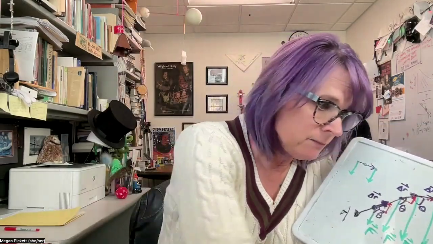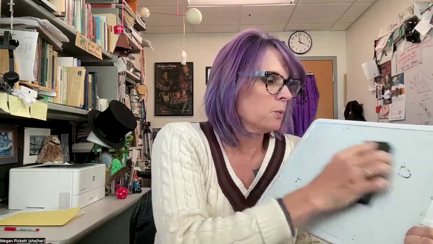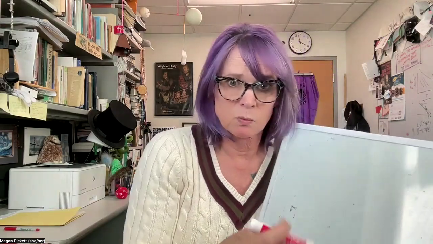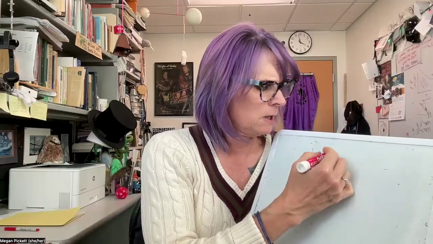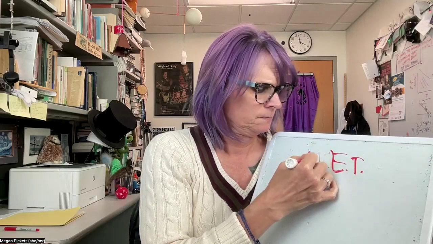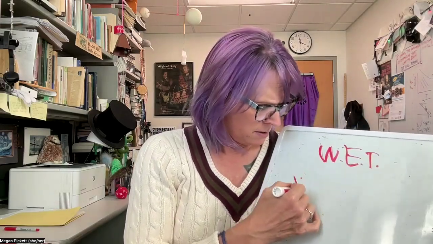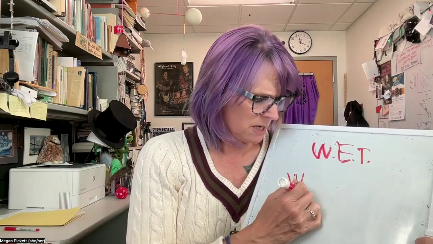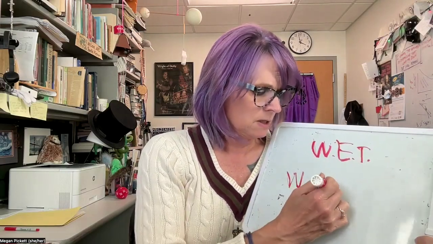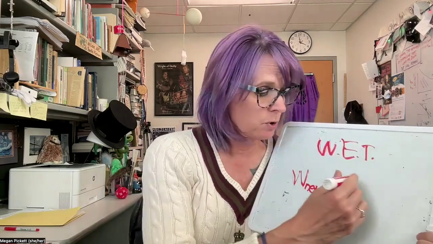This is related to the work energy theorem. This was the last thing that we did. The work energy theorem is that the net work done, W net, is equal to the change in kinetic energy, the energy that's associated with motion.